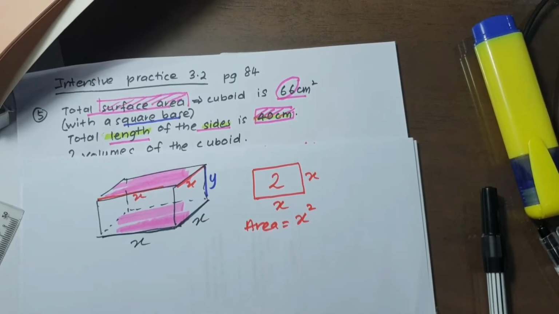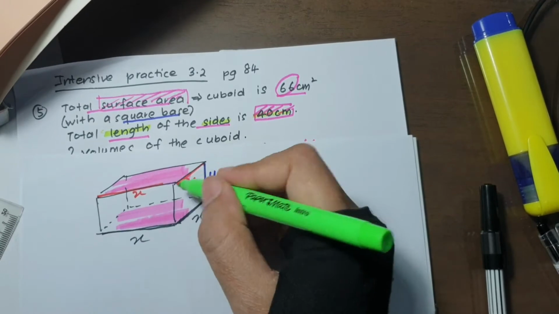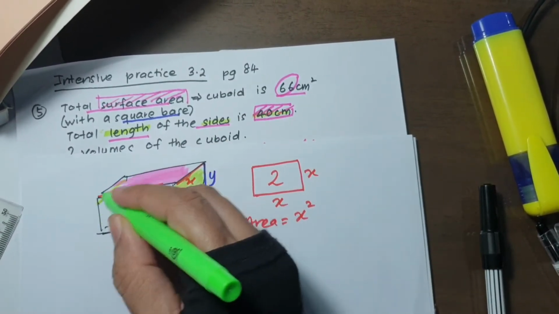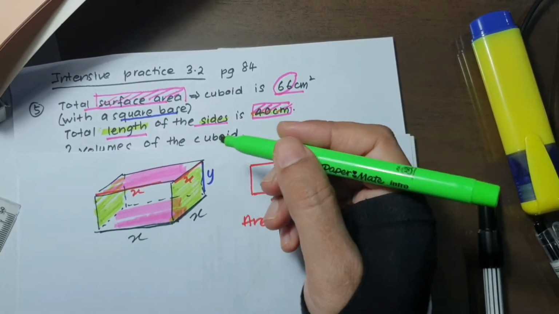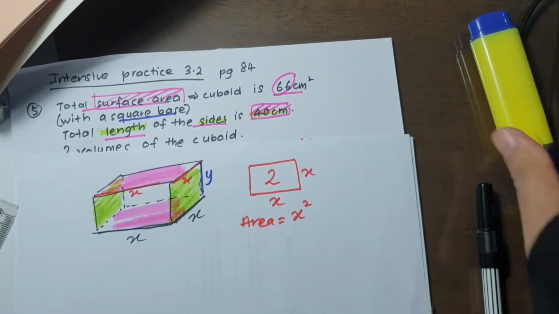Next, you have this side, and this side, 1, 2.